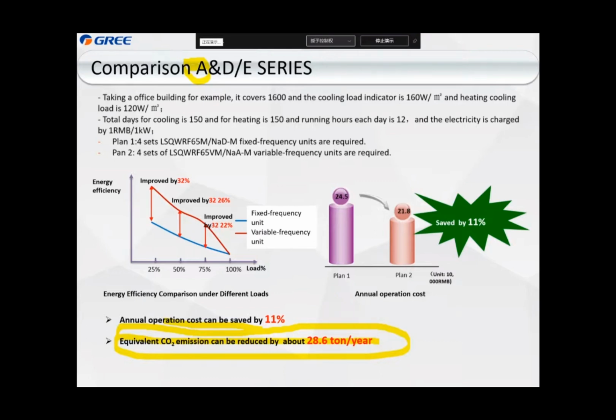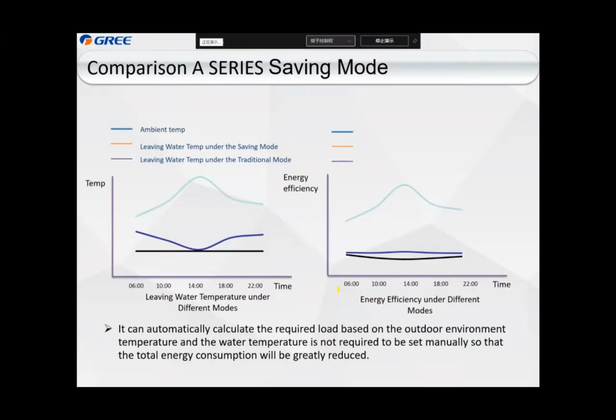And then next, I list why the A series can realize energy saving. You see here this curve: ambient temperature, leaving water temperature, and the saving mode. This one is the leaving water temperature curve, and the lower one is the ambient temperature.